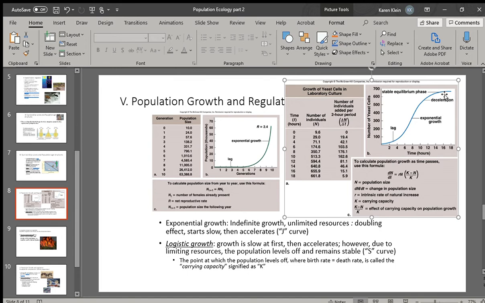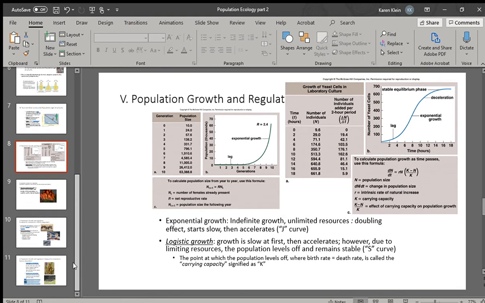We can only have so many red-tailed hawks trolling campus because there are only so many squirrels available. Again, to simplify the example, your carrying capacity and what you'd call logistic growth, or your S curve, is how populations are regulated in any given geographic area, as shown on a graph.